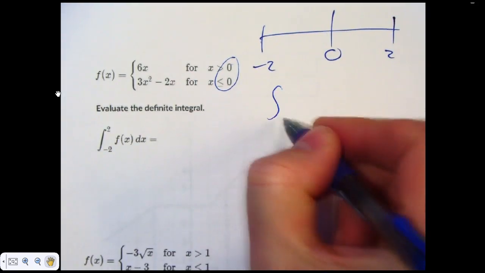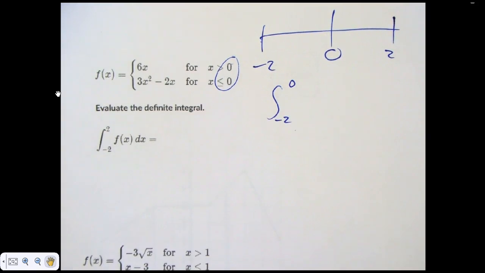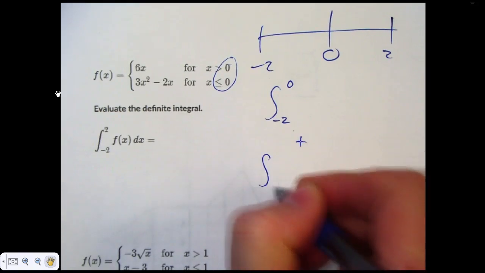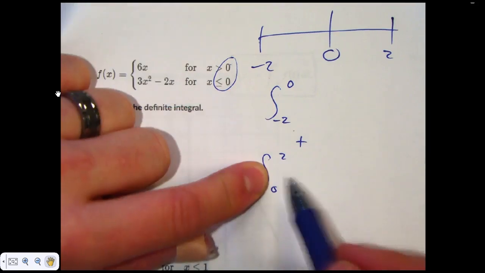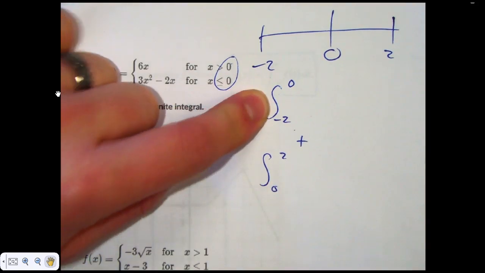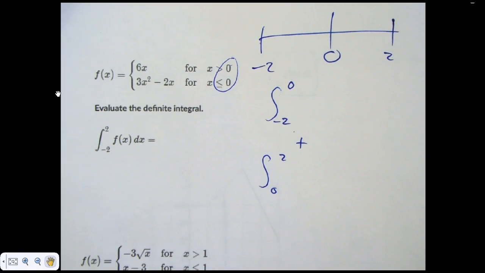So from negative 2 to 0, we're going to integrate which one, the top or the bottom, and why? We're going to integrate one equation from negative 2 to 0, and from 0 to 2, we're going to integrate the other equation.